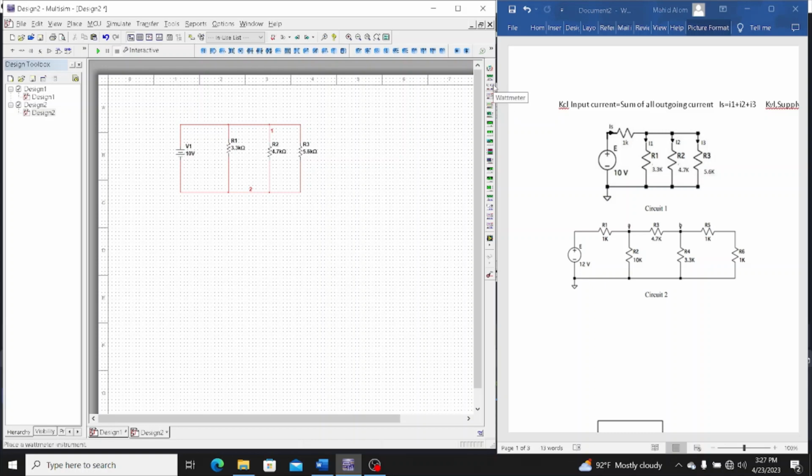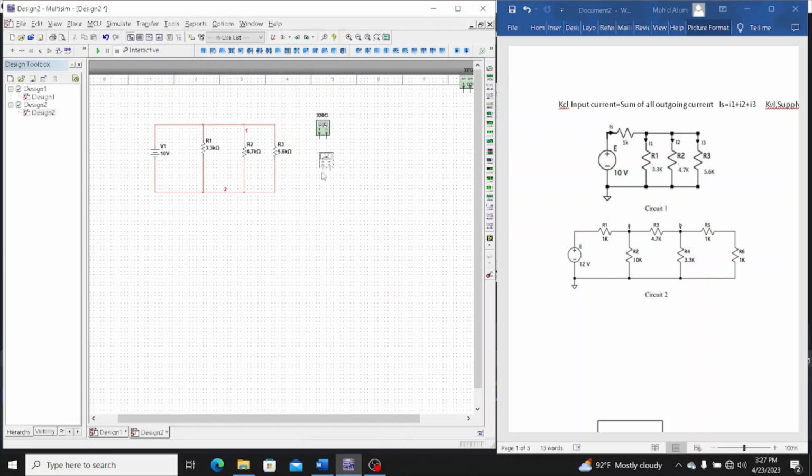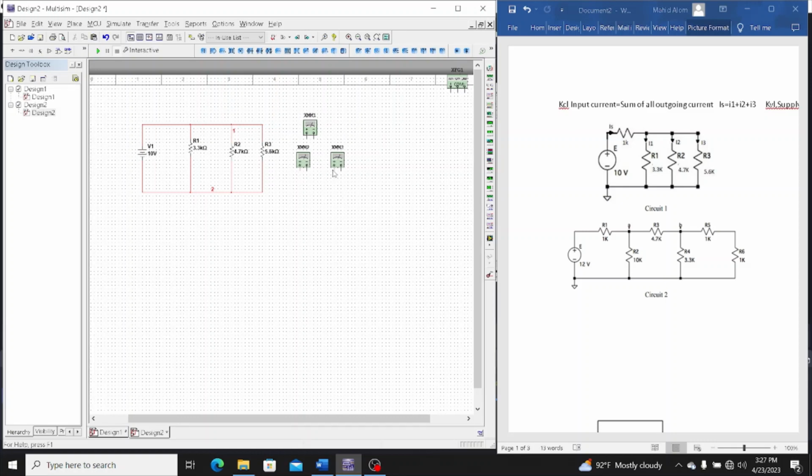Then we need to calculate current, and we need to take a multimeter. We can determine current, voltage, and ohms resistance by multimeter.